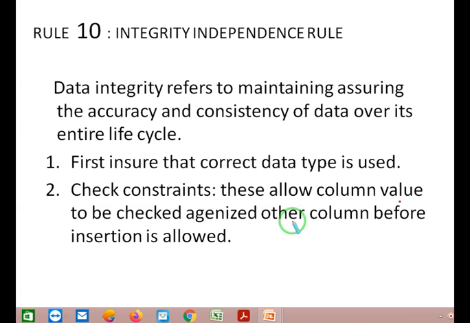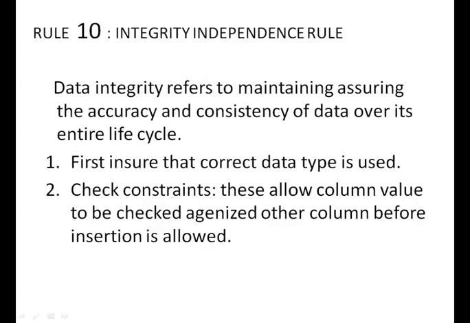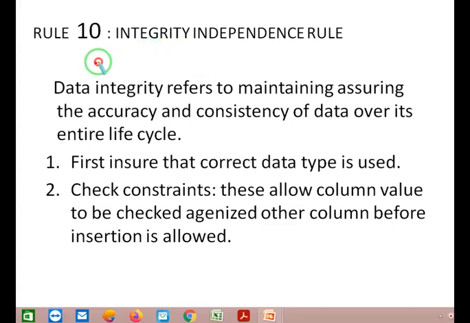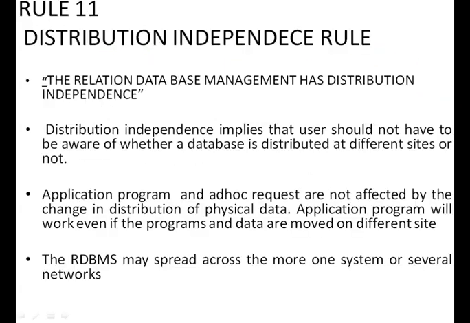Okay, so all these integrity constraints are specified in the online catalog or the data definition. If I change the integrity at any stage, this change does not affect the external or view level. So this is termed as the integrity independence rule.